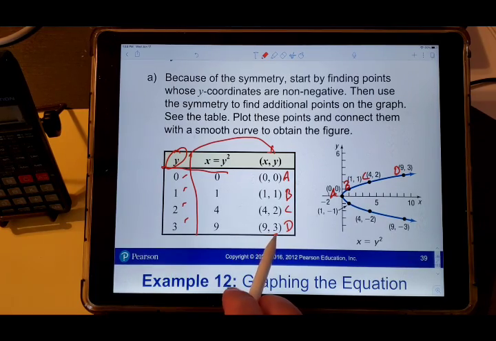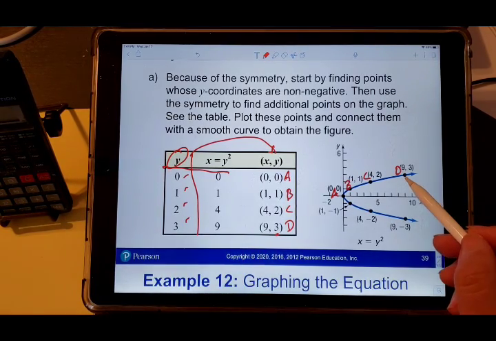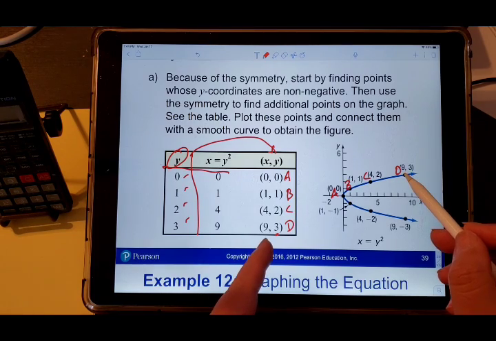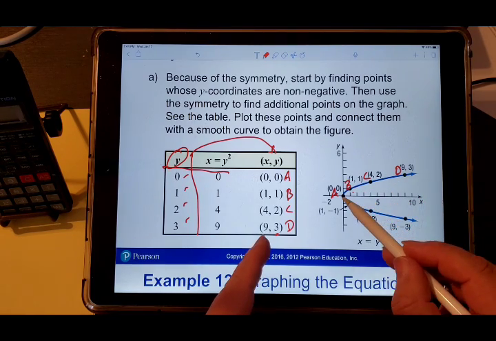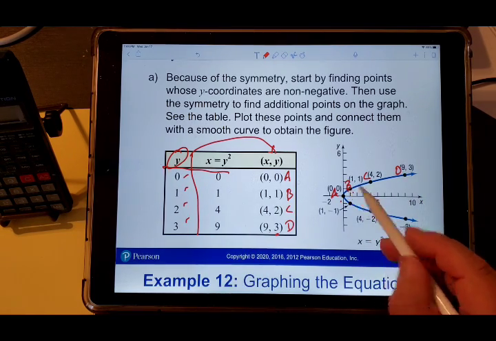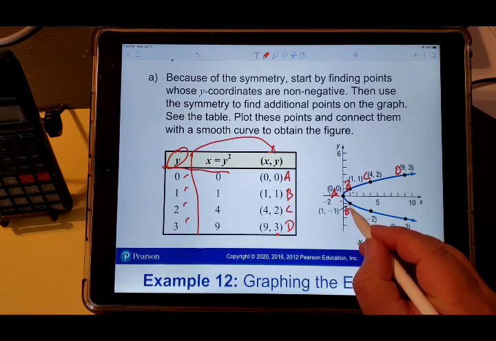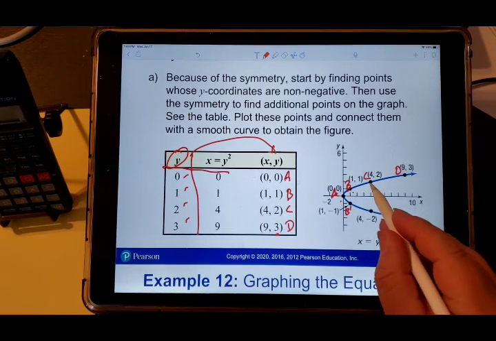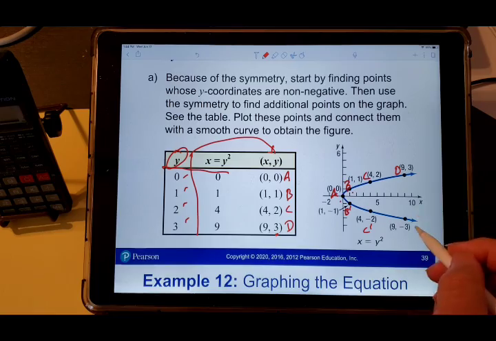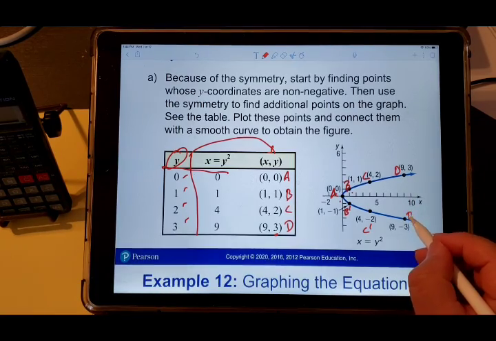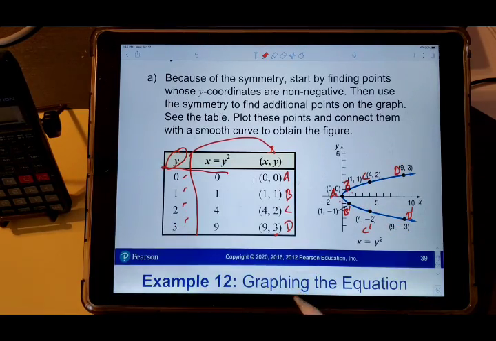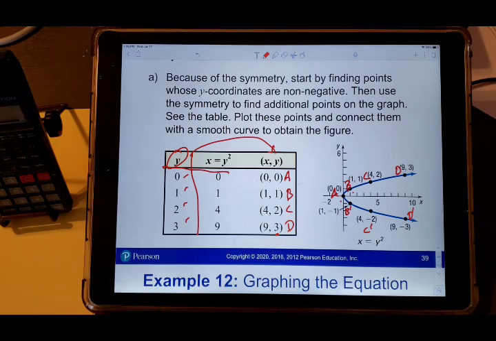But see this point. Well, let's see all these points. Here's the point I'm calling D, the point I'm calling C, the point I'm calling B, the point I'm calling A. Well, B has a reflected point in the x-axis. C has a point that reflects in the x-axis. And D has one because we tested it and it's symmetrical with respect to the x-axis.